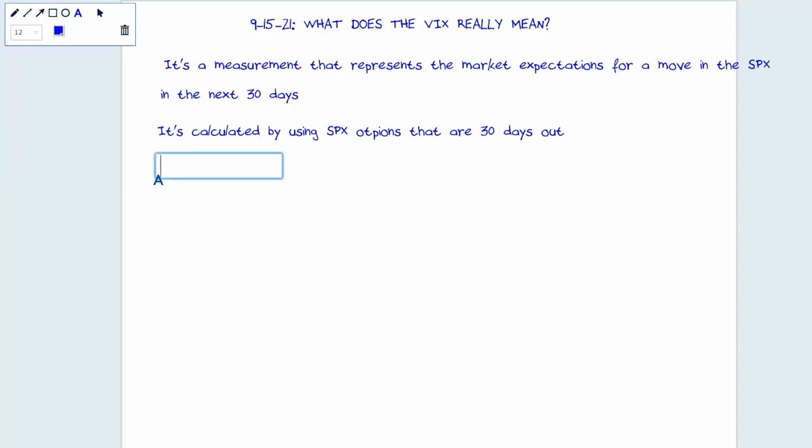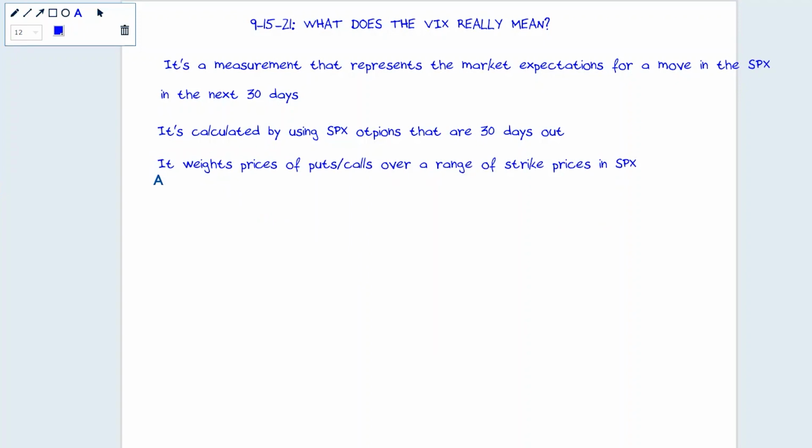It weights prices of puts and calls over a range of strike prices in the SPX. So it's not just taking the at-the-money volatility, though that is pretty much the biggest indicator.